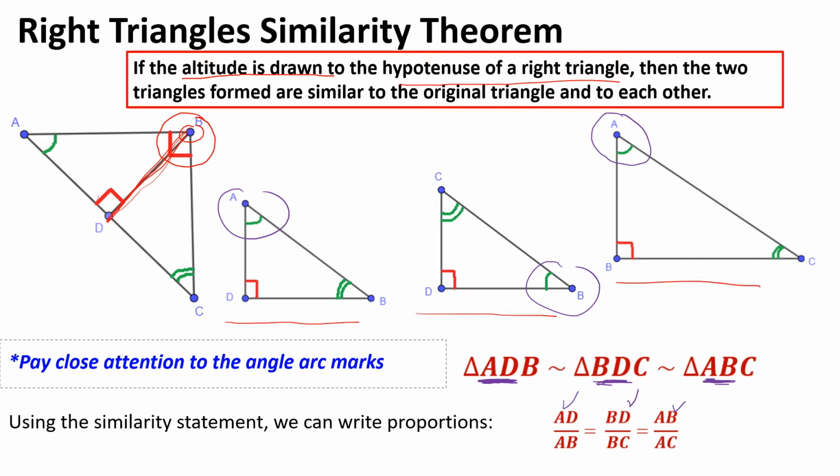If we look at the bottom, or the denominator, it's the first and third letter in that first triangle. BC, first and third letter. AC, first and third letter. So those angles are in the same position, so we can write a similarity statement as well as write proportions for all three of these triangles.